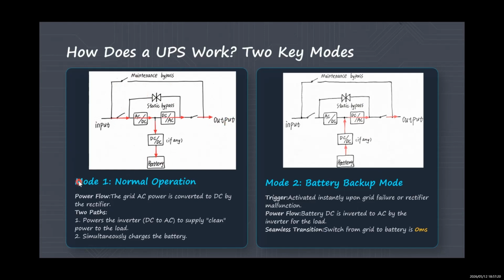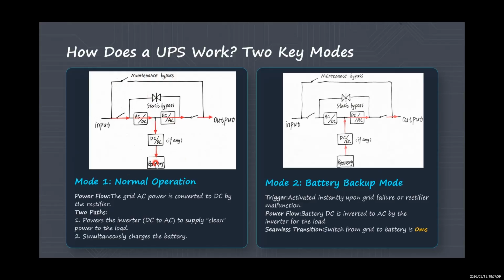This is the red flow: the grid through the rectifier and the DC/AC inverter to the critical load. And this is high quality, meaning clean power to the load. Another flow is via DC/DC to charge the batteries.